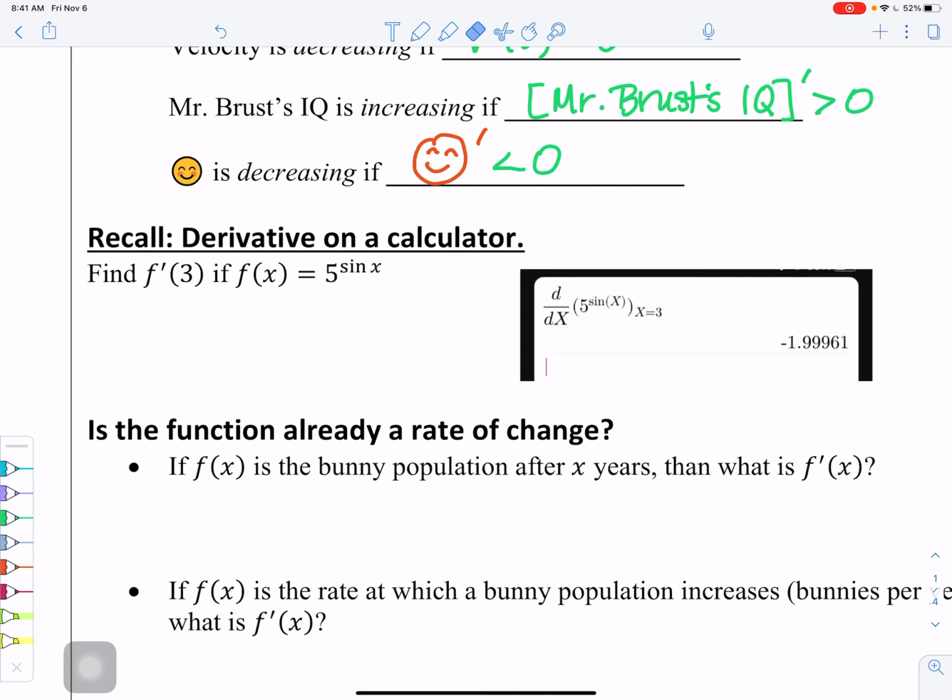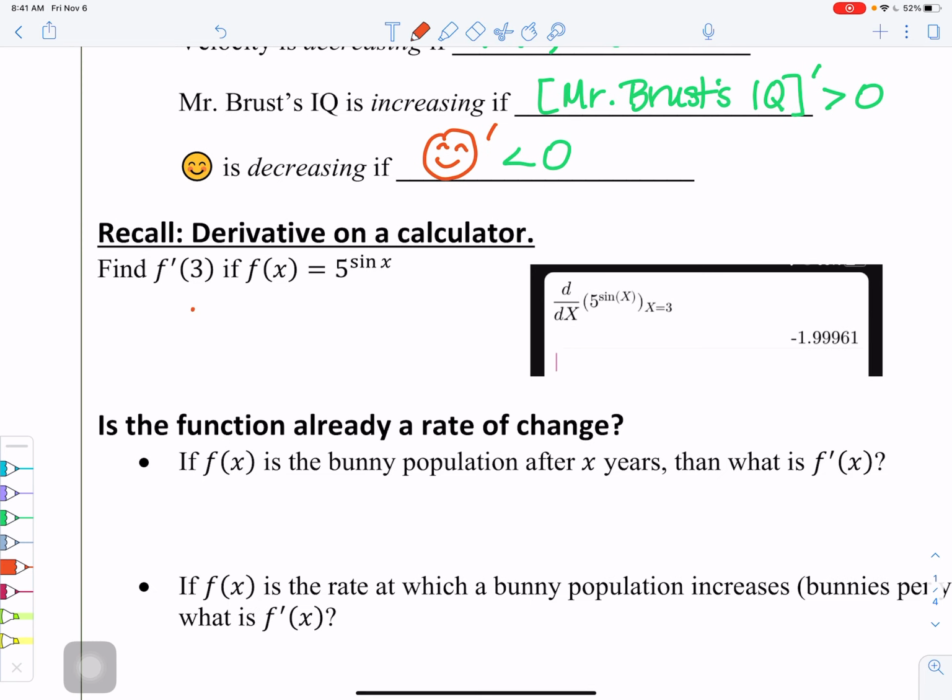So I just wanted to recall the method. It is under Math 8. So you want to press the Math button and go to 8. And that's how you find the derivative. And over here is what we did. It brings up a menu. I had to type in x, and I also had to type in this function, and I had to type in the 3.